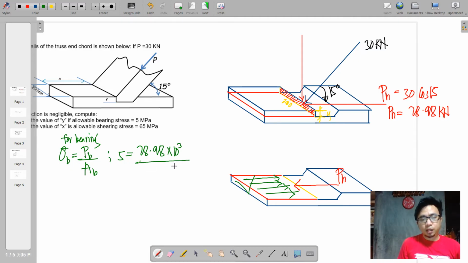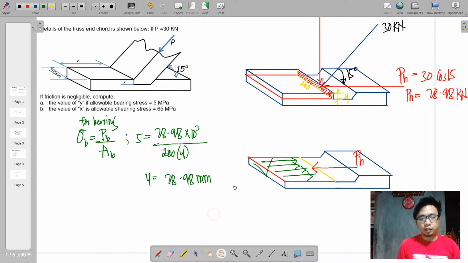The bearing area is the shaded portion you can see here in the figure. That is 200 by y. So by cross multiplication, y can now be derived to be equal to 28.98 millimeters.